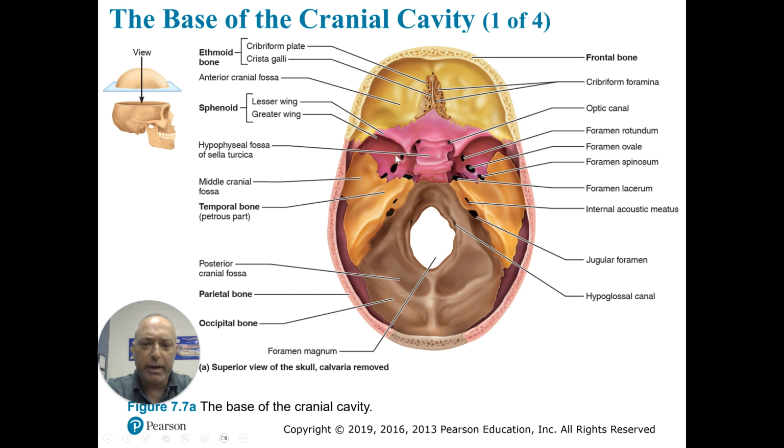They have this greater wing, lesser wing, kind of looks like a butterfly. Various foramina in the sphenoid bone. We can see the temporal bone also from this vantage point with the foramen magnum where the spinal cord descends.